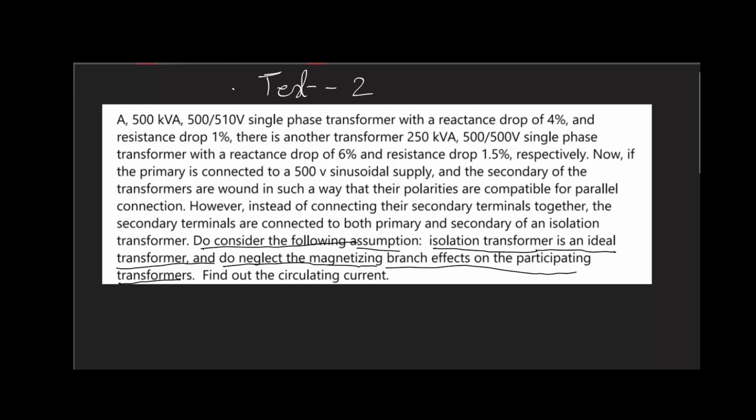Now here, in order to find out the circulating current, what we need to know is just the voltage. So what about the voltage? How can we figure it out?